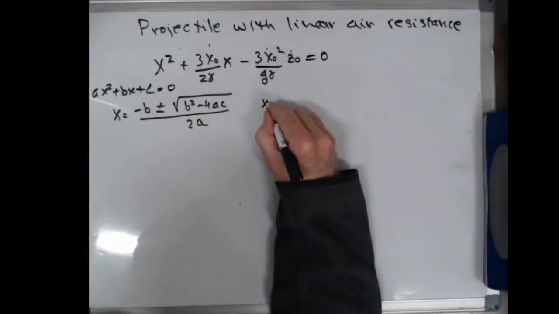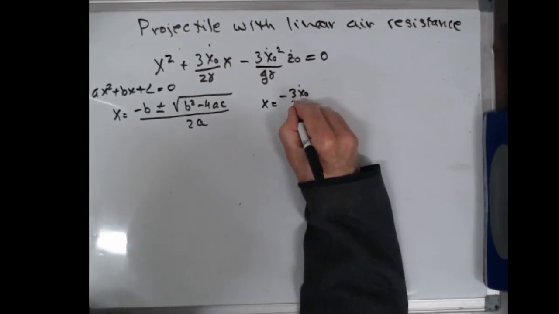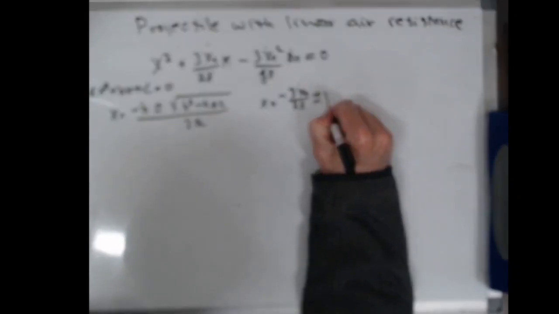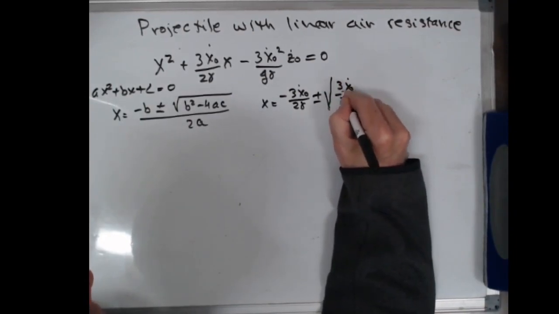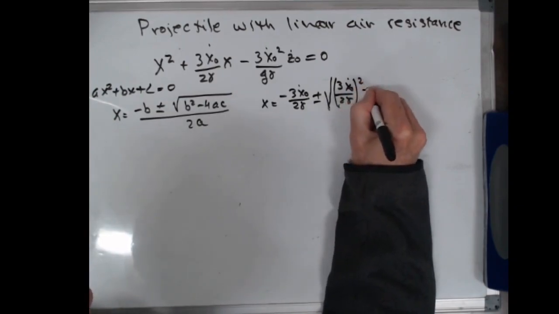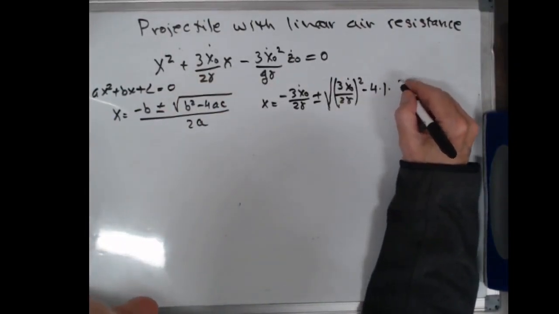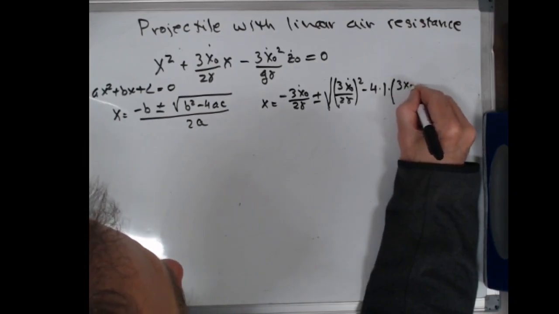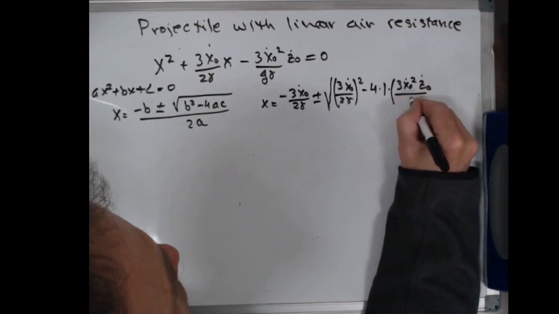So in our case, I get x equals negative, so it's this thing, it's 3x naught dot over 2 gamma plus or minus the square root of, so it's this mess. It's b squared, which is 3x naught dot over 2 gamma squared minus 4 times 1, because my coefficient for x squared is 1, times this mess here, which is 3x naught dot squared z naught dot over g gamma.